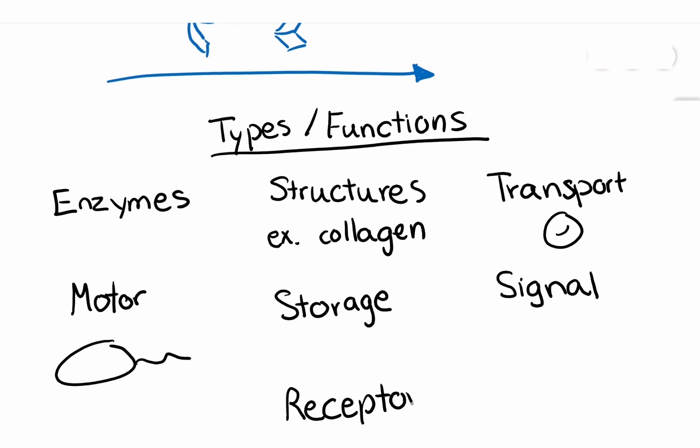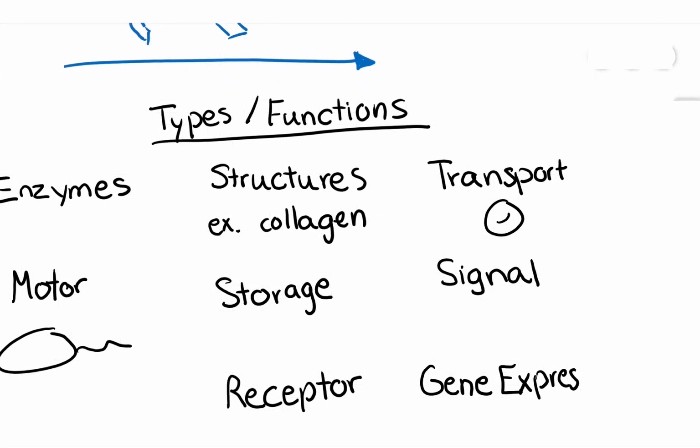And so these receive messages. And finally, you have gene regulatory proteins. And so these regulate gene expression and are found in the nucleus. And we'll be talking more about these when we go over gene expression, but also during transcription and translation.